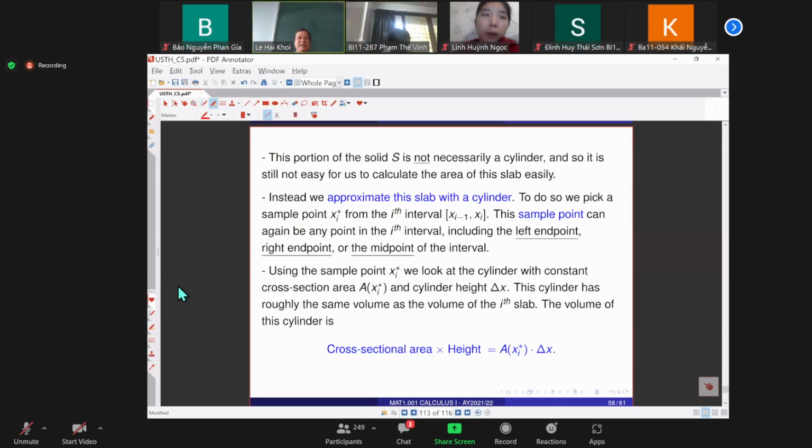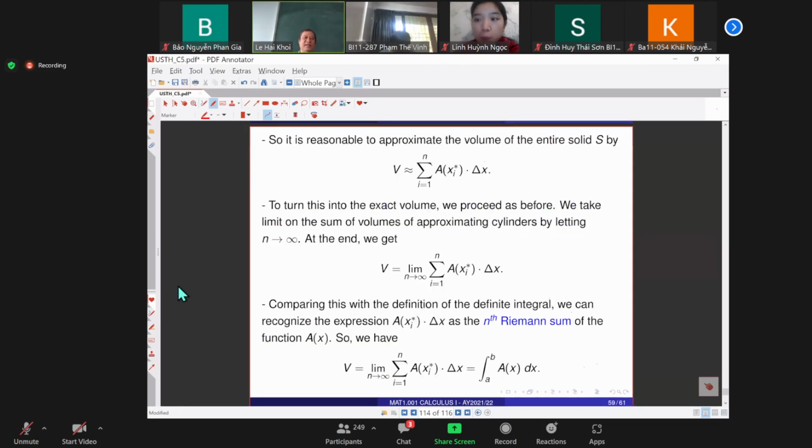Division: divide the interval into n equal intervals. For each sub-interval, you approximate what you want, and then you sum up in the third step, and the fourth step is to find the limit. That's all. You get everything.